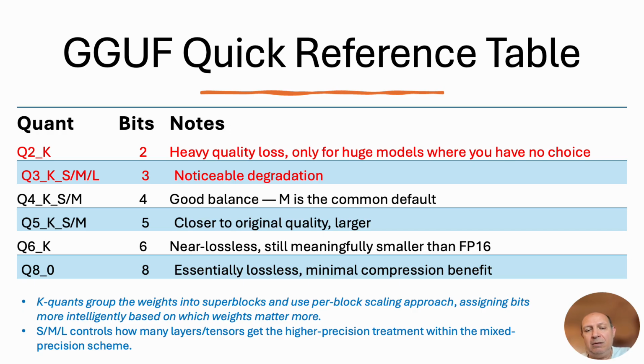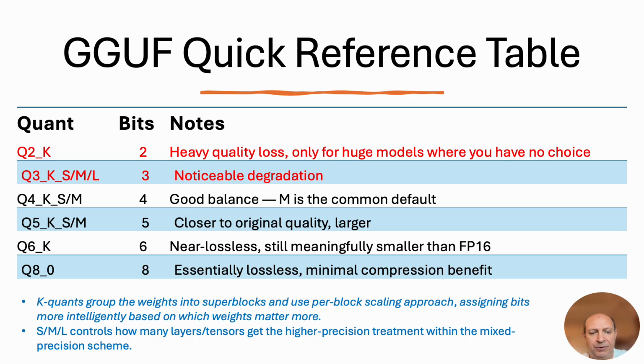And despite its good quality, it's still meaningfully smaller than the FP16. With FP16, floating point 16, the file size is still huge. But with Q6, you get very good quality, and the file size is a fraction of the size of the FP16. With Q8, this is essentially lossless. There are no losses. Yet, we're still achieving the benefits of compression. So the file size is reduced.